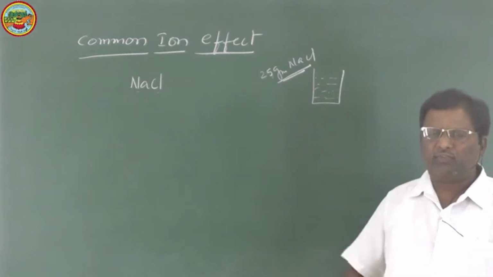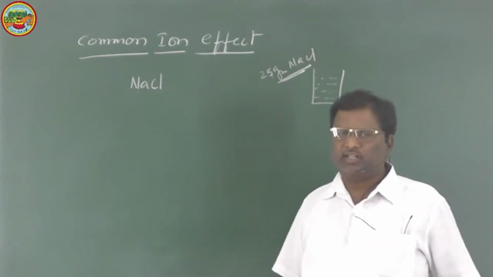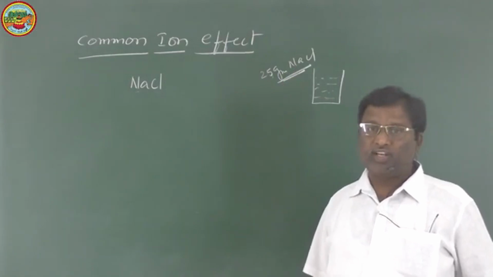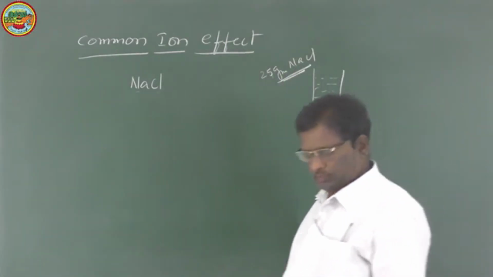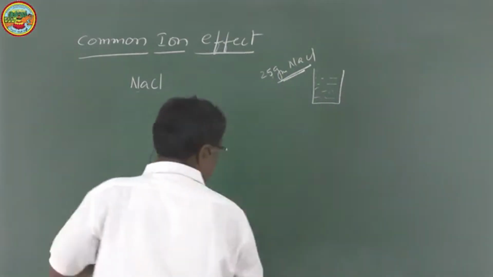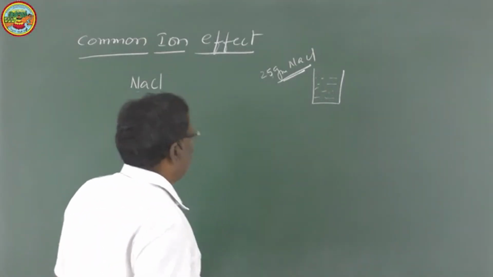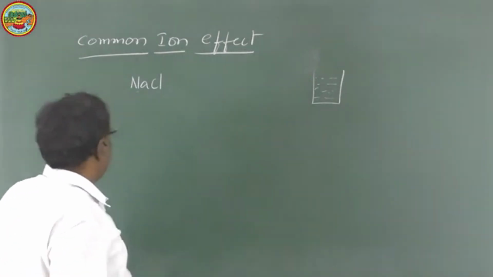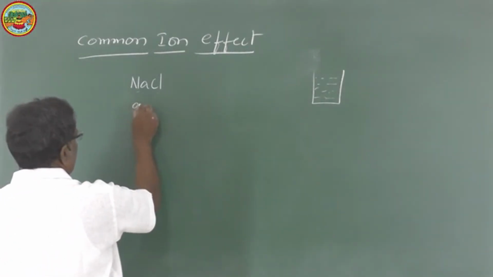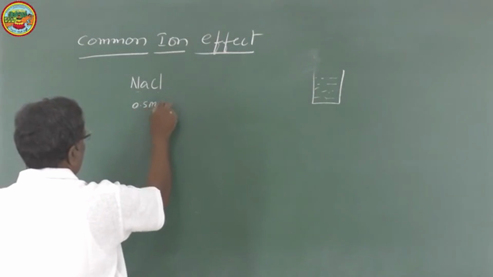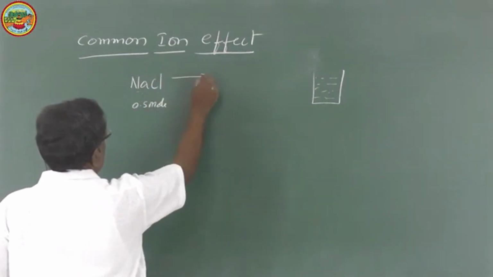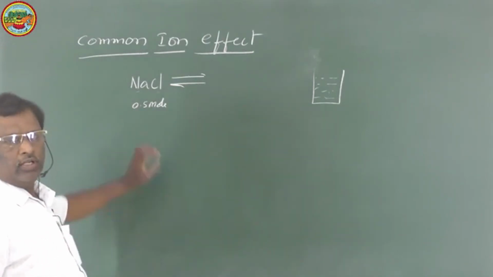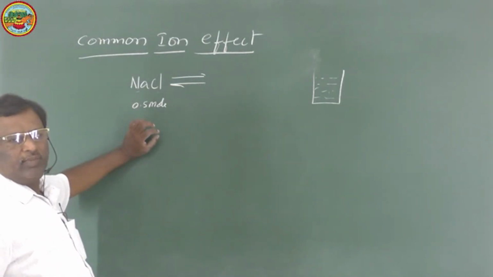If excess of any one of those ions is present, the product will increase. Suppose in a given quantity of water, 0.5 moles of NaCl can be dissolved.